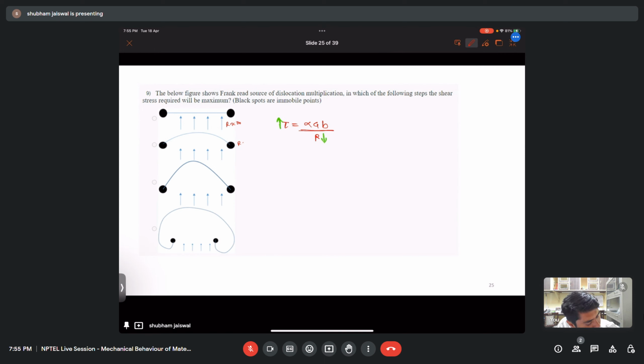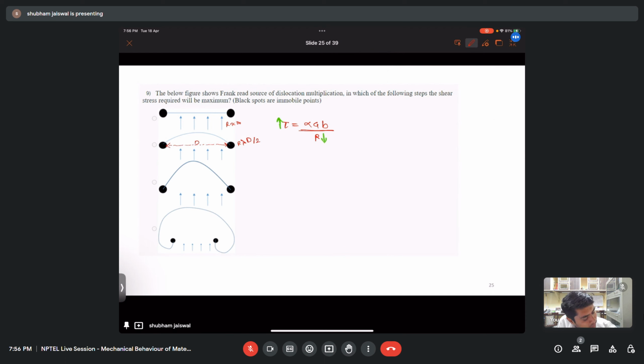So let's say this is distance D. Okay. So in this case also R is greater than D by 2. Okay.